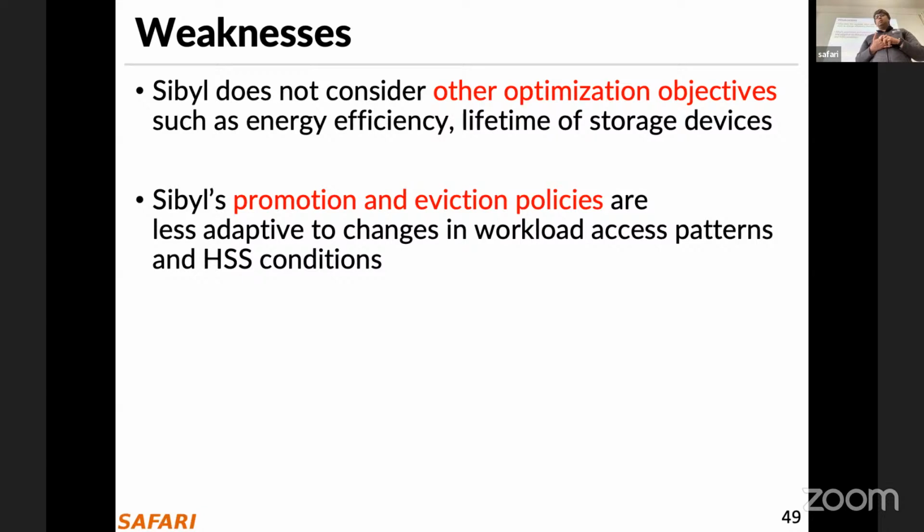So it needs to do that action well. Promotion and eviction have to be handled, but the way it's handling them now is not very adaptive, because it still looks at access frequency and then evicts the data based on what is cold in the fast device, or promotes the data based on the access frequency.